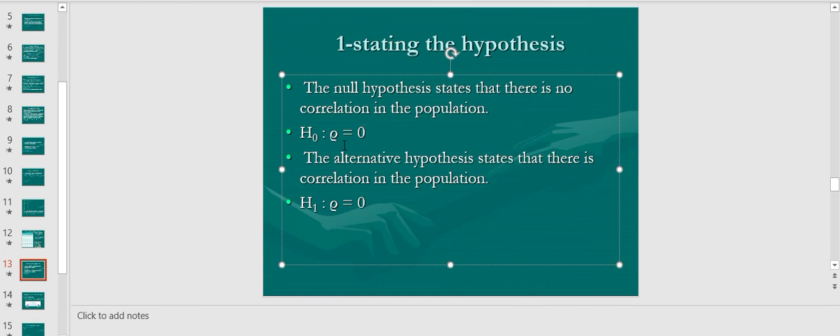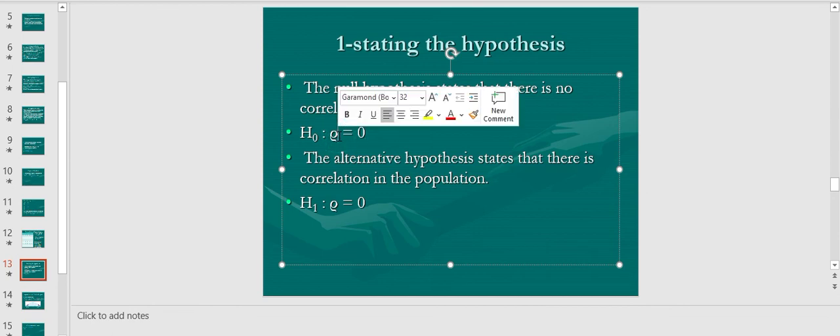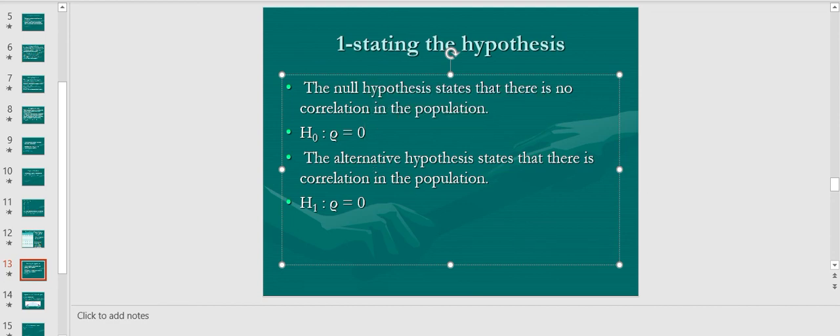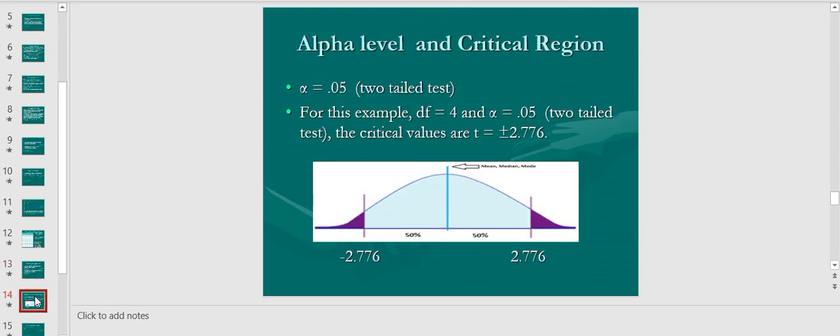The correlation of the population is abbreviated with this sign, rho. Rho is equal to 0 means there is no relationship, and rho is not equal to 0 means that there is a relationship.